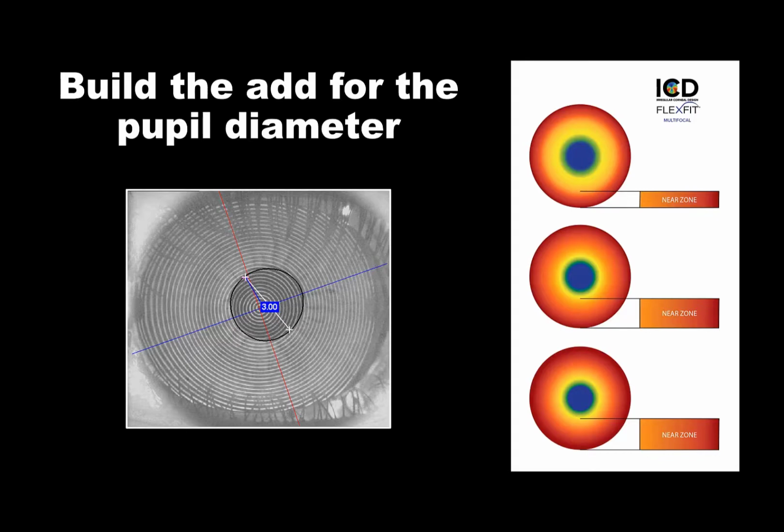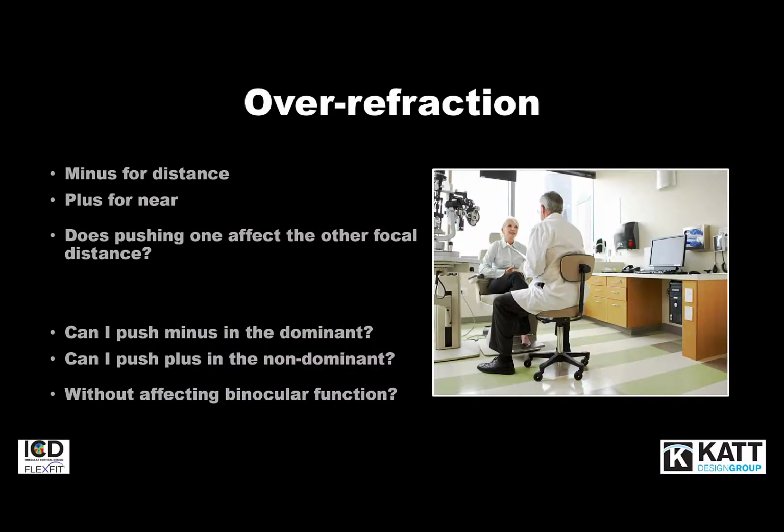As we discussed earlier, we always have to consider whether small modifications to the minus for distance, the plus for near, can that improve our patient outcome? Does it help to push more minus in the dominant or more plus in the non-dominant? Can we find a way to create the balance so the patient has good quality vision for all focal distances?